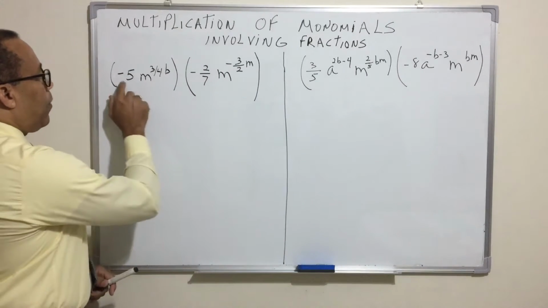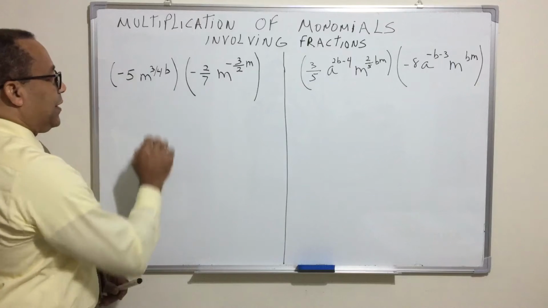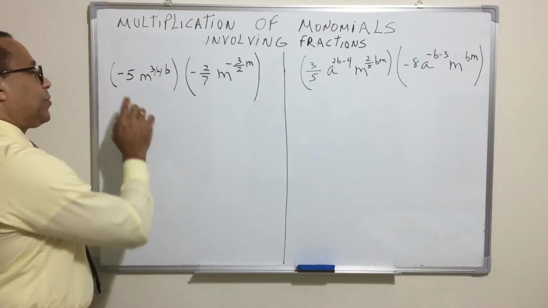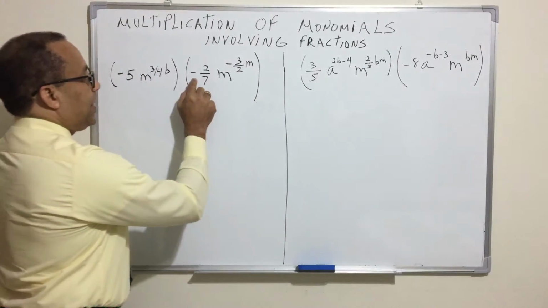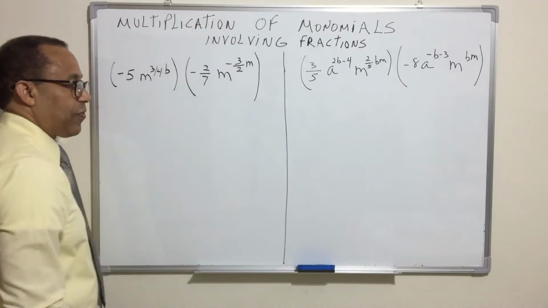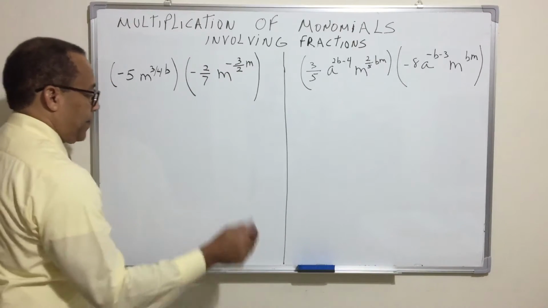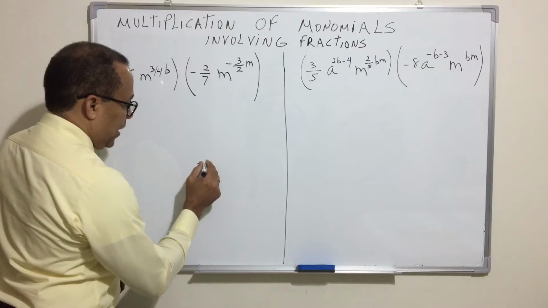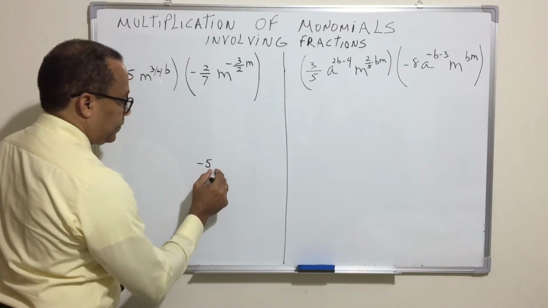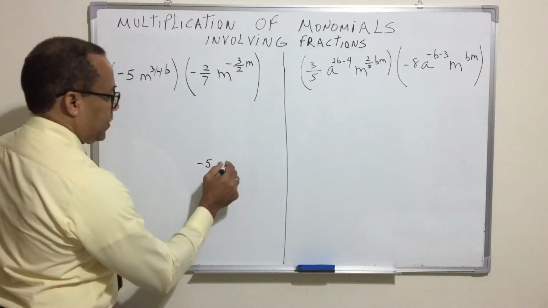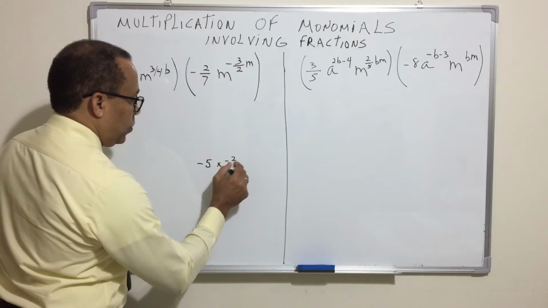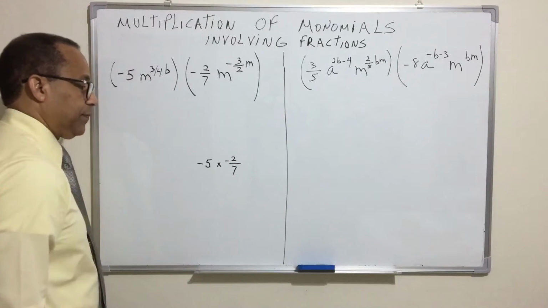Number one, I'm multiplying the coefficients. This is a multiplication. I'm multiplying negative 5 times negative 2/7. Let's show the multiplication. This is negative 5 times negative 2/7.